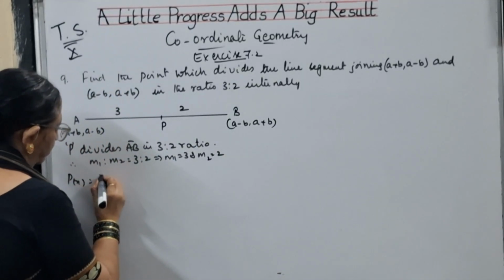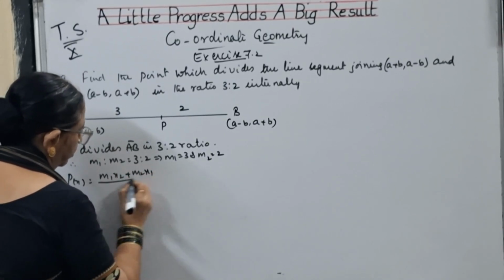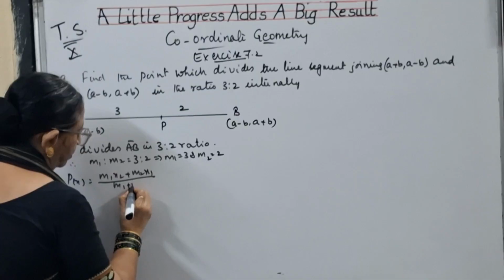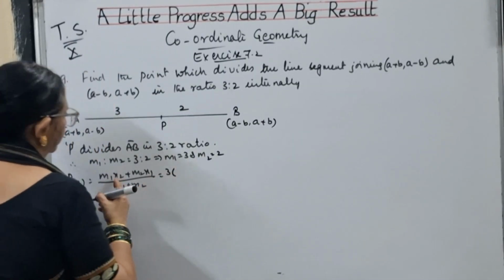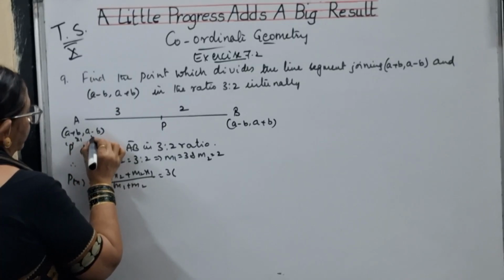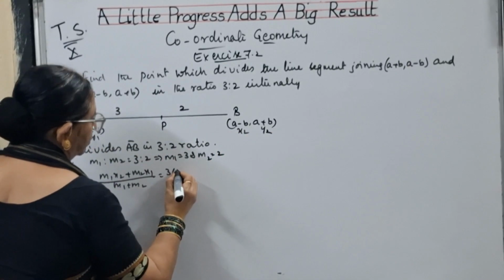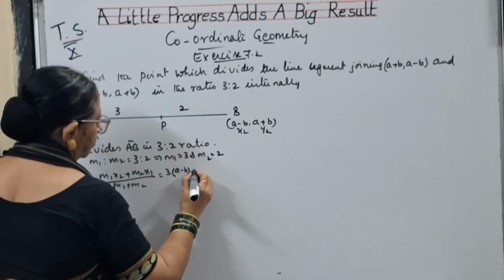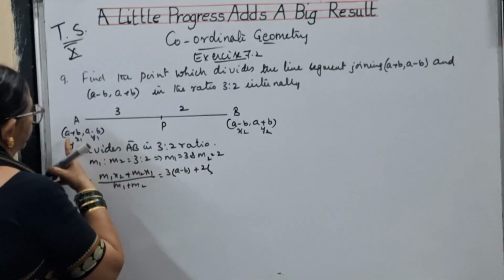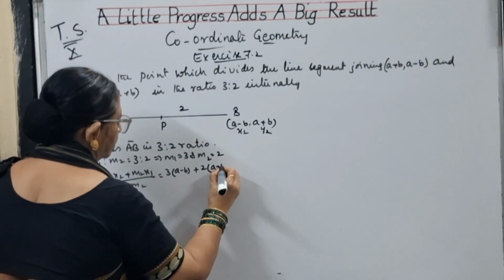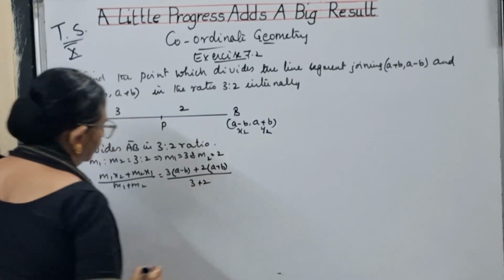So, P of x is equal to (m1 x2 plus m2 x1) by (m1 plus m2). So that is m1, 3 into x2. See, this becomes x1, y1, x2, y2. So x2 is a minus b plus m2, m2 is 2 into x1, a plus b, by 3 plus 2.